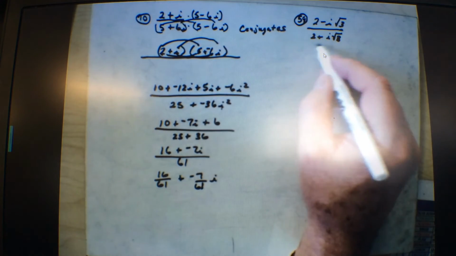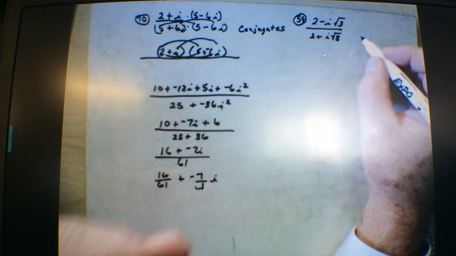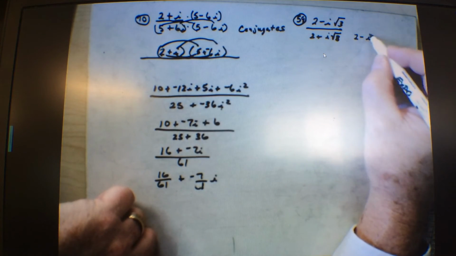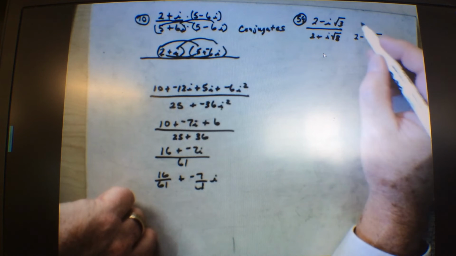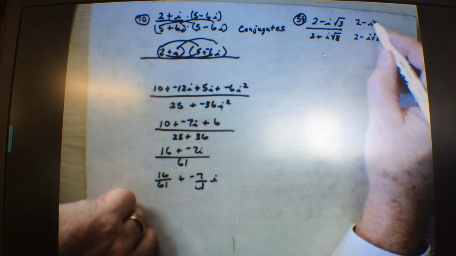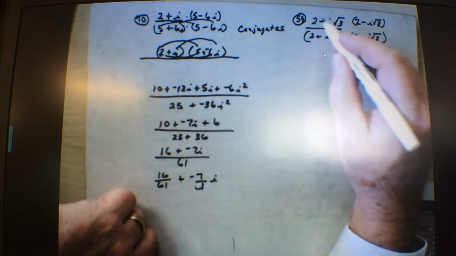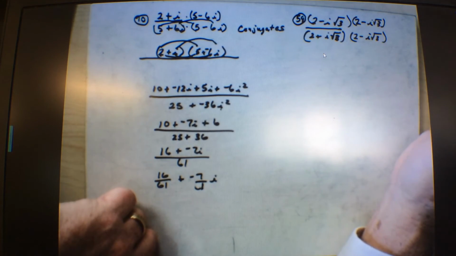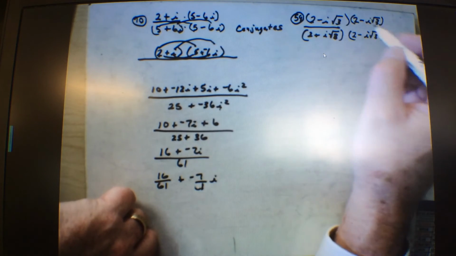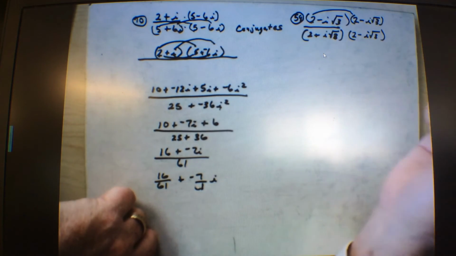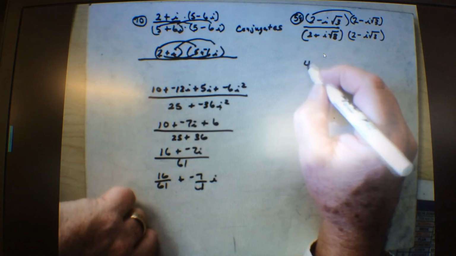So what is the conjugate of the bottom? 2 minus i times the square root of 3. That is correct. Here is the conjugate, and we multiply them. So, you ready? We're going to do the top. So 2 times 2 is 4.